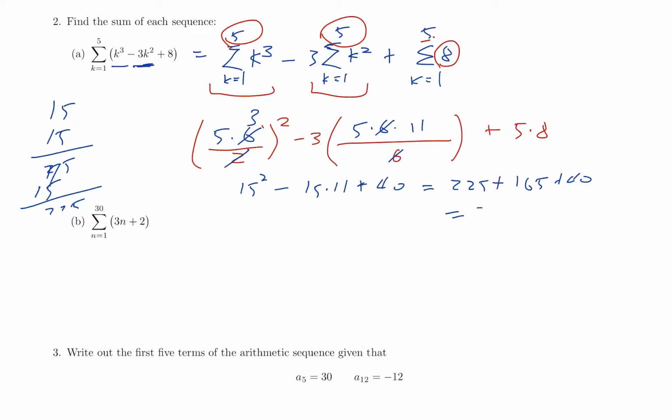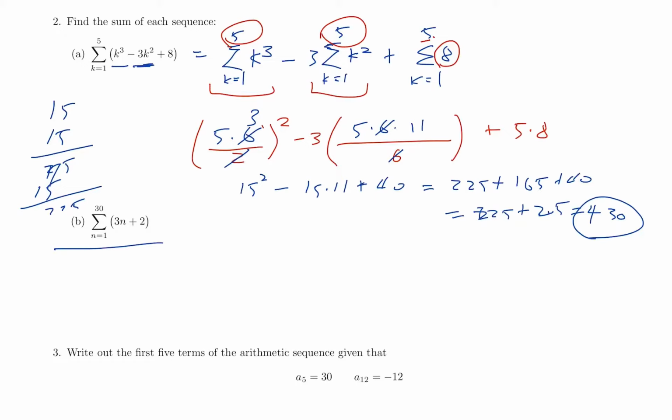It would be 225 minus 165 plus 40, gives us 100... sorry, I mean gives us 430. Okay, so that's the sum.